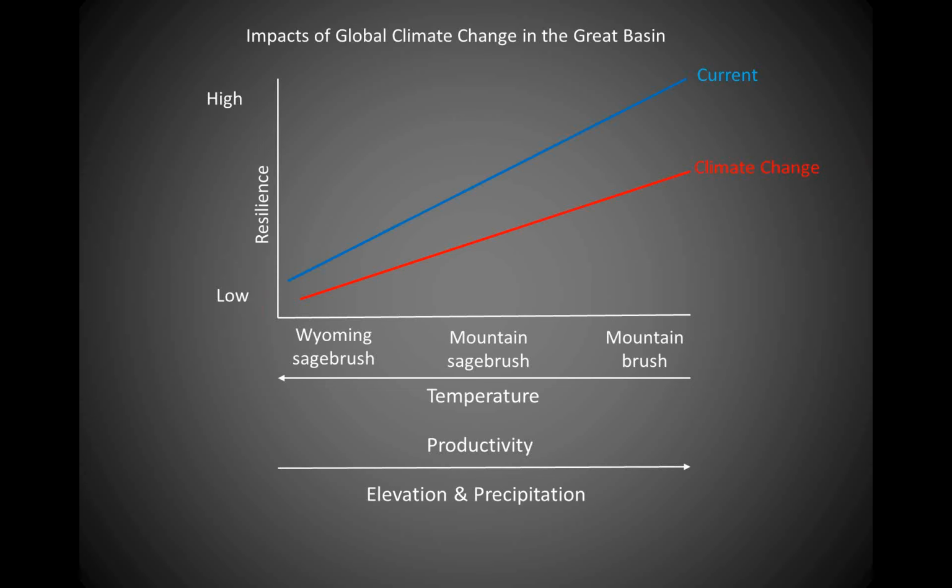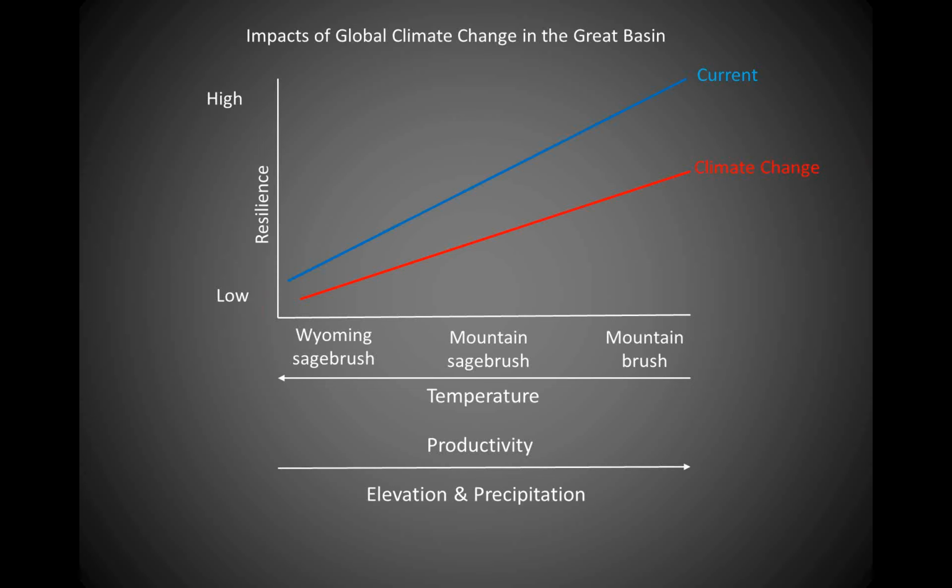The mountain sage communities will move upslope, and we'll probably see a decrease in resilience. It just is going to happen with warmer temperatures or drier conditions, and we see that during drought periods. The ability of these areas to recover is going to decrease, and we're going to be dealing with more issues at higher elevation, where right now these sites are fairly resilient.